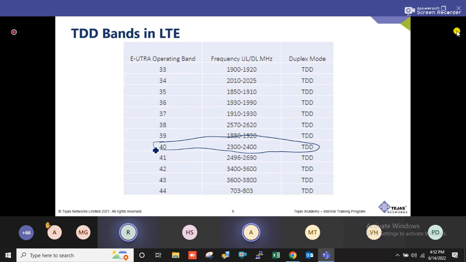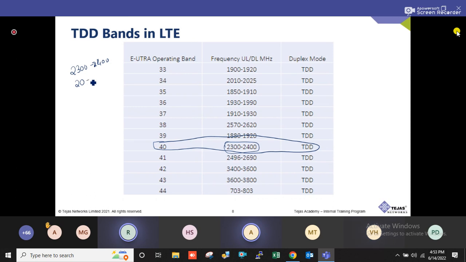So now let's look at TDD. In TDD, if you look here, only one single frequency is mentioned for both uplink and downlink. That means Geo works on the 2300 band.